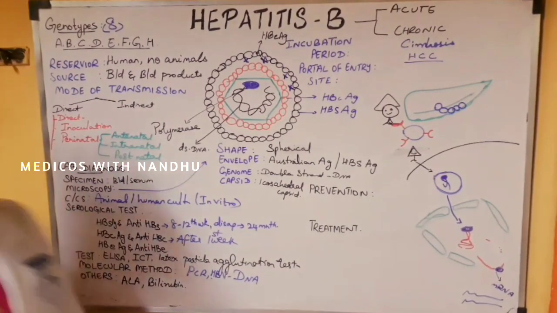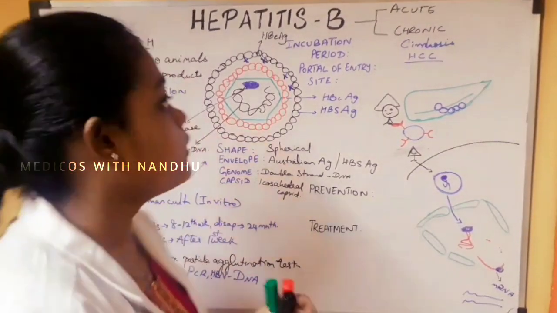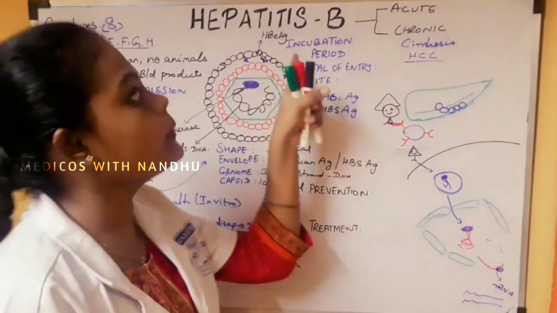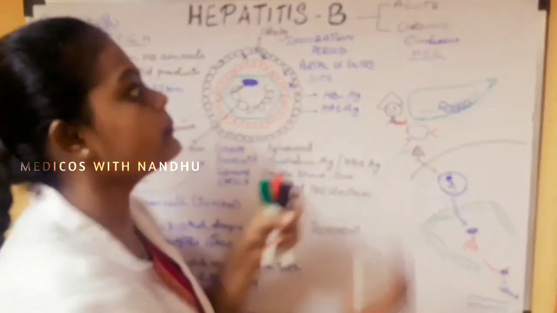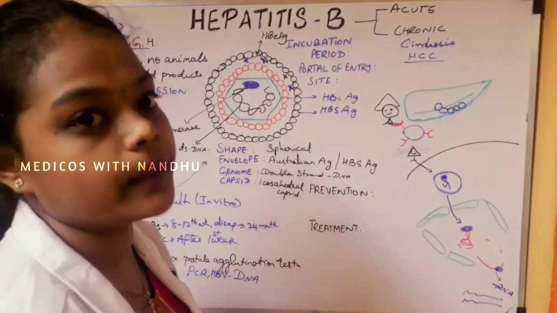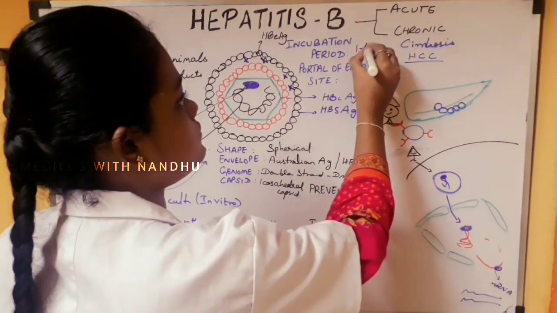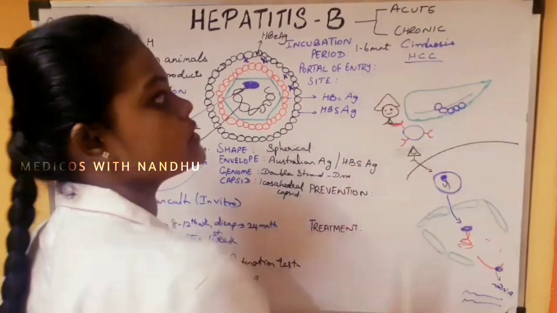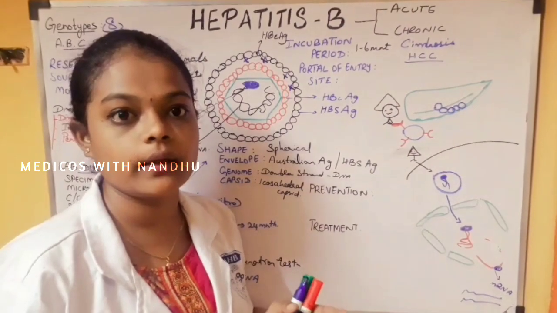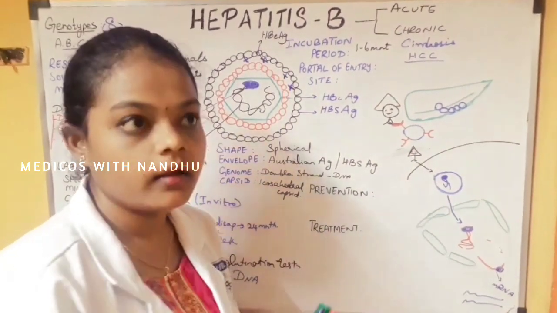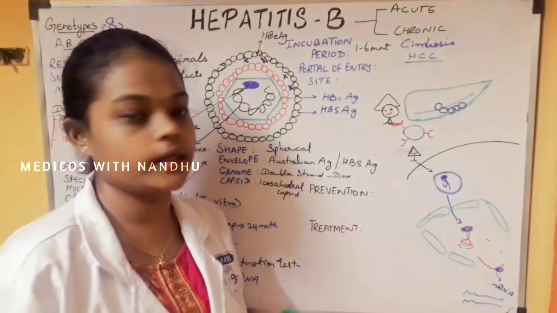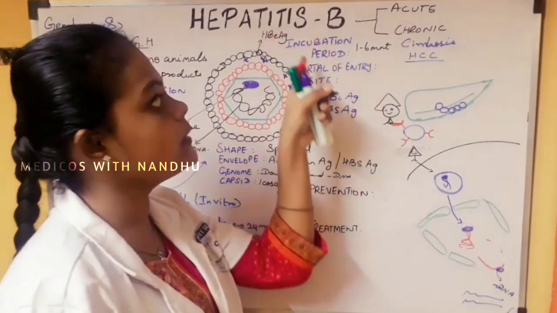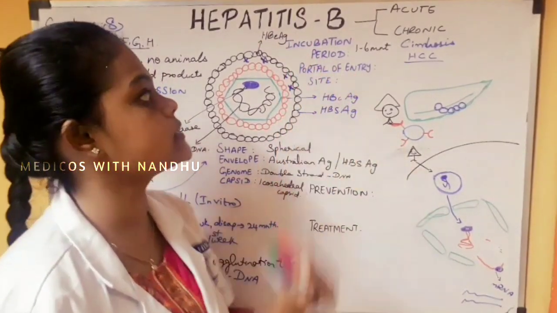And one more thing to remember is the incubation period. For hepatitis virus A, it is 2 to 6 weeks. For hepatitis virus B, the incubation period will be 1 to 6 months.